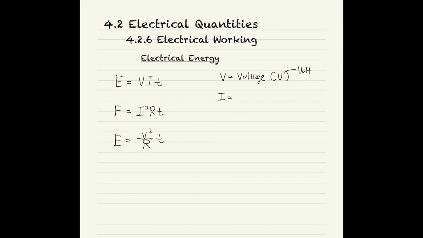I is current, unit is ampere. t is time taken, unit is second. R is resistance, unit is ohm.